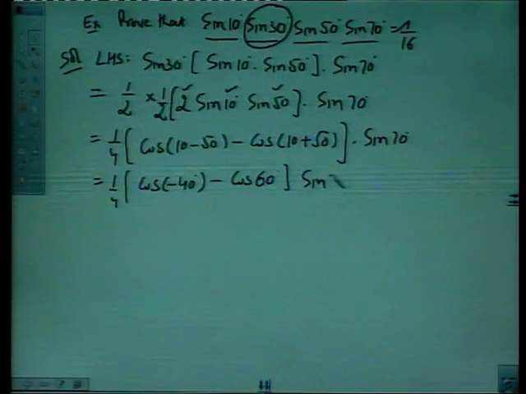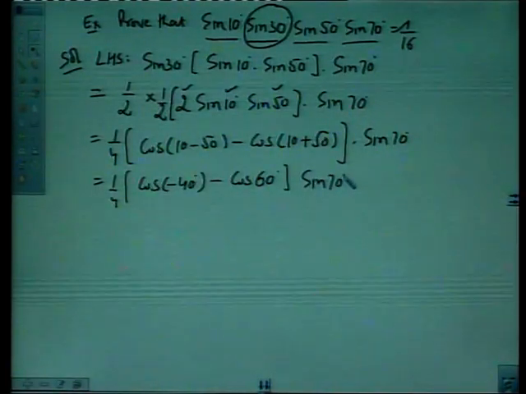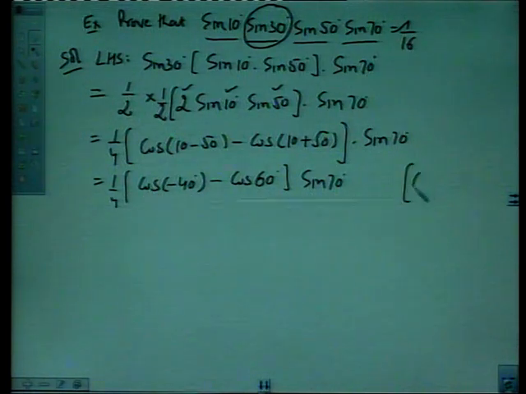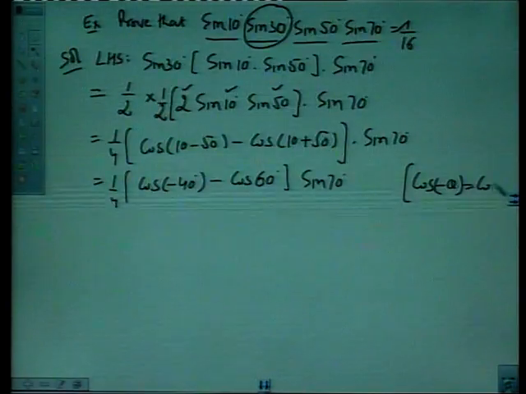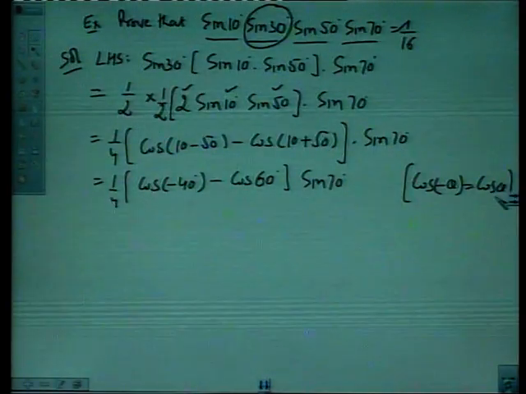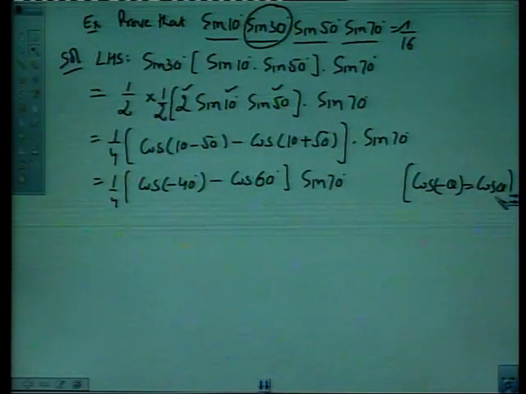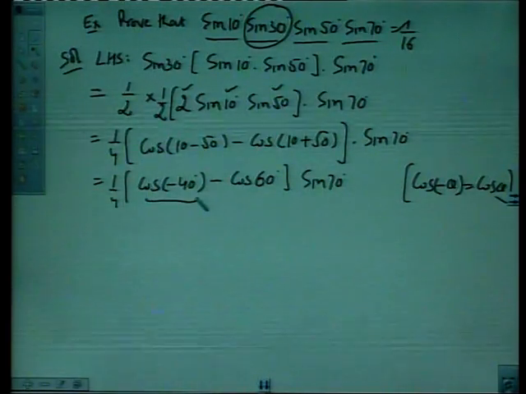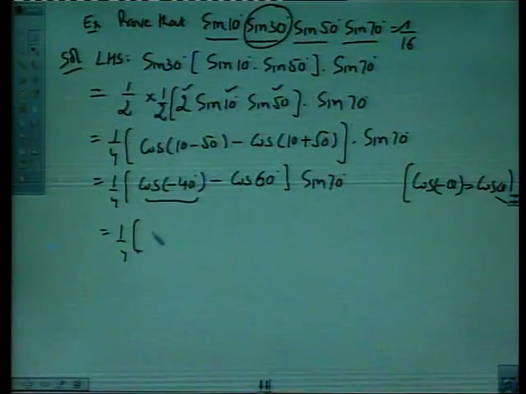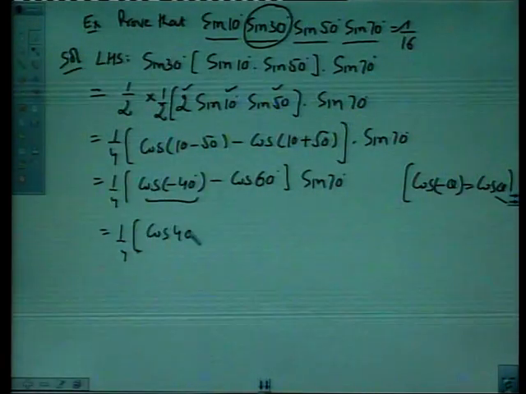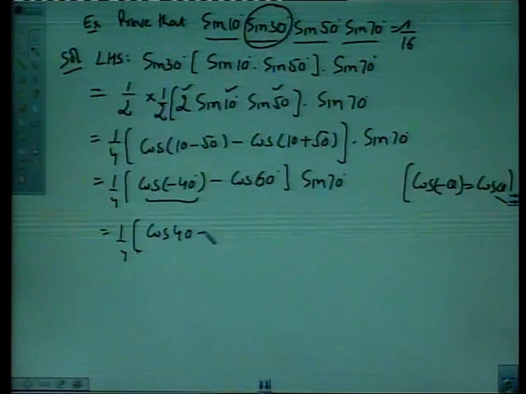into sine 70 degree. I hope you know the formula that cos of minus theta is always equal to cos theta. This is a very well known result. So here we have cos minus 40 degree, which ultimately becomes simply cos 40 degree minus cos 60.